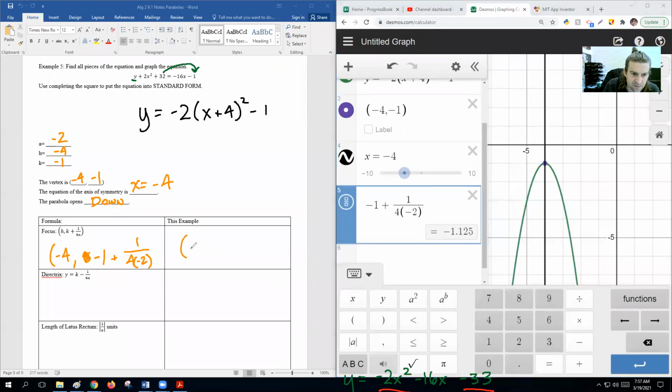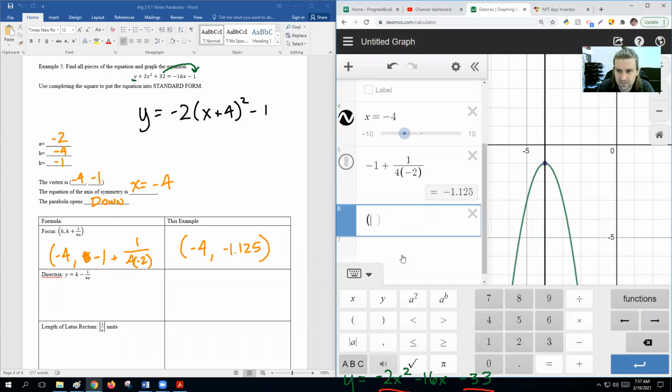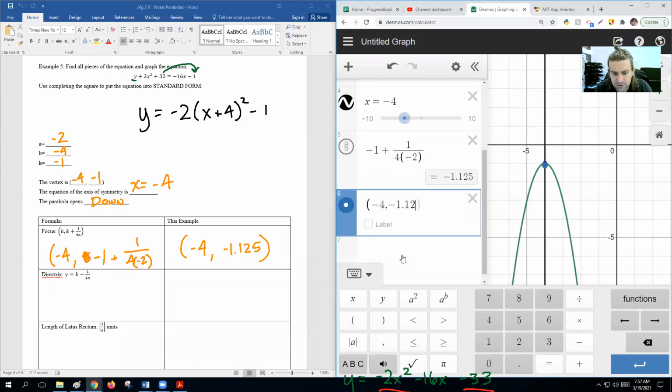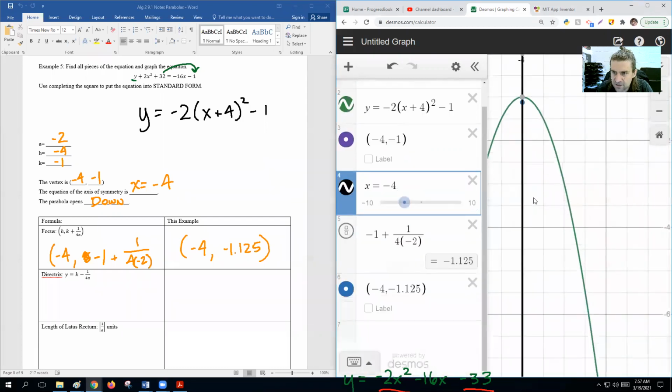So our focus is at the point -4, -1.125, or as a fraction, -9/8. If I just type that as a point, -4, -1.125, you can see if we zoom in, that's the focus point.